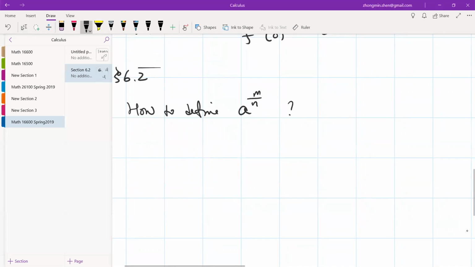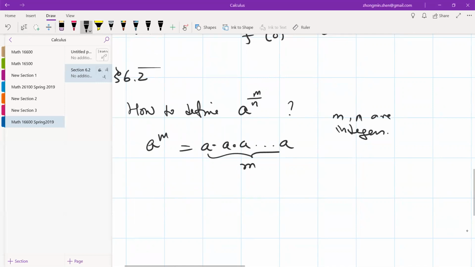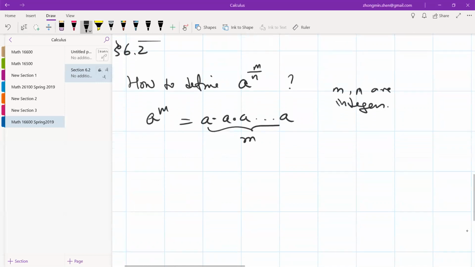If it is just a to the power m, where m is an integer, this is defined to be a times a times a, m times. So a is real and m is an integer. So that's easy to understand.